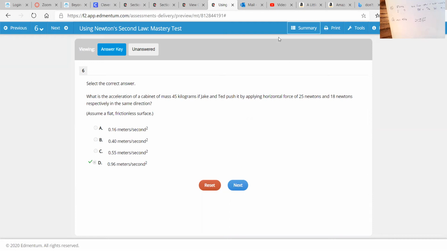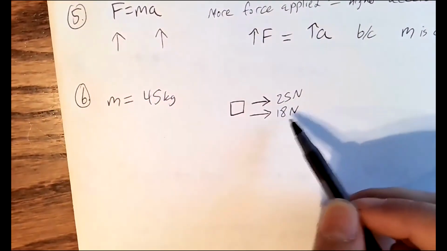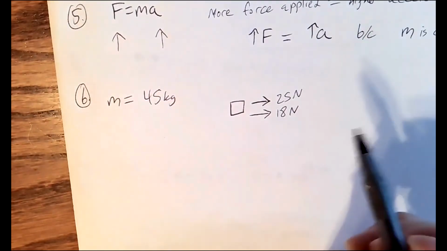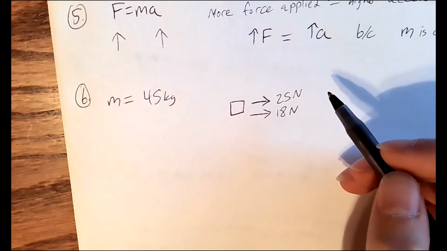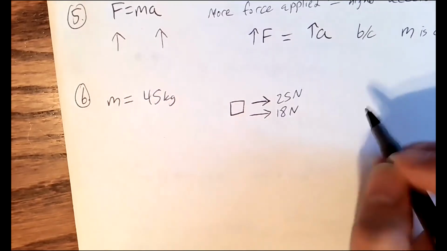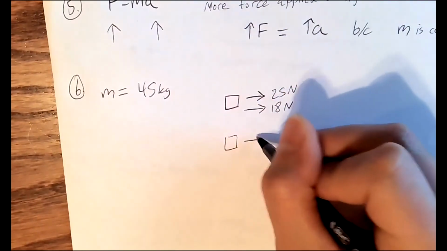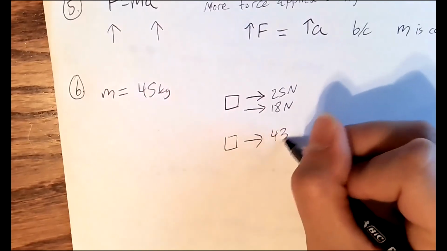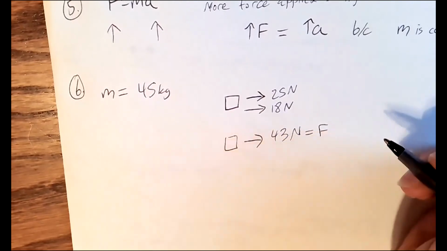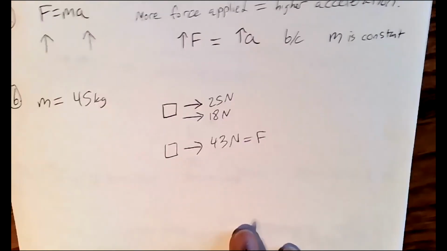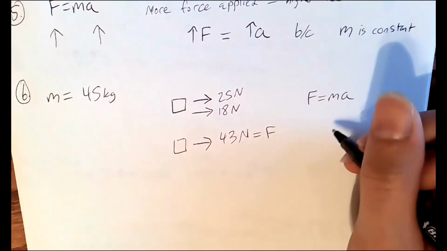So let's stop sharing that. All right, we have mass. The applied force would be 25 plus 18. So a way to simplify this, let's redraw it. 43 newtons going one way equals F. And now we just plug in those numbers. F equals ma.